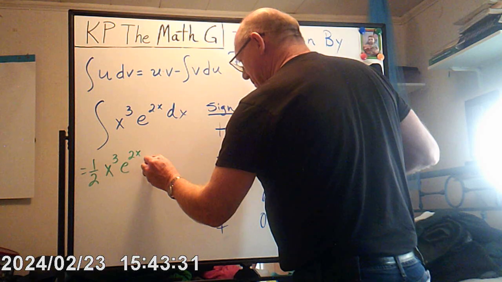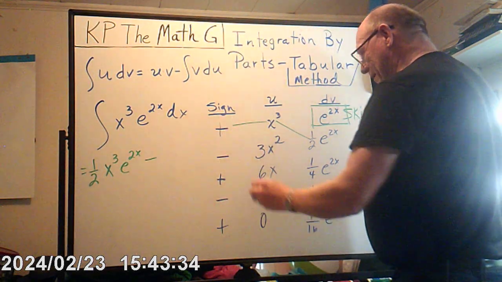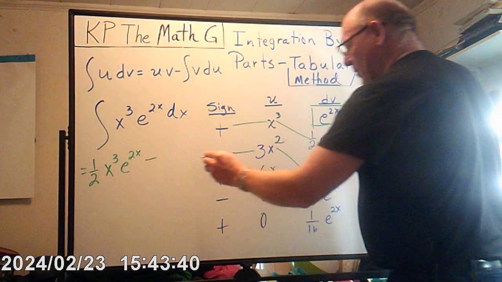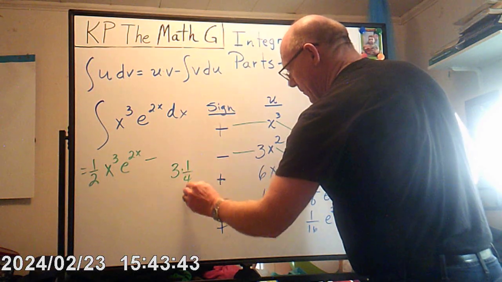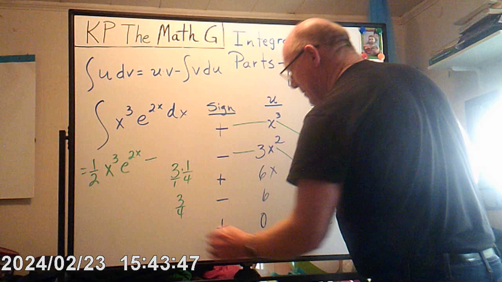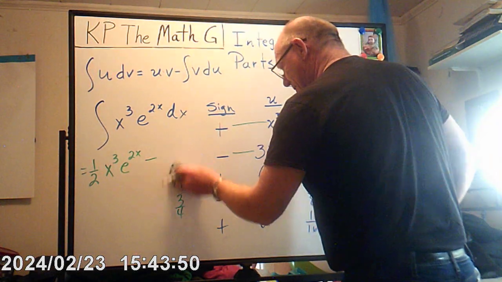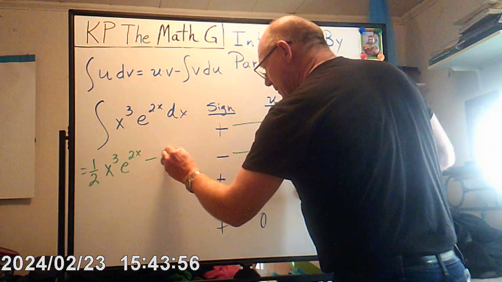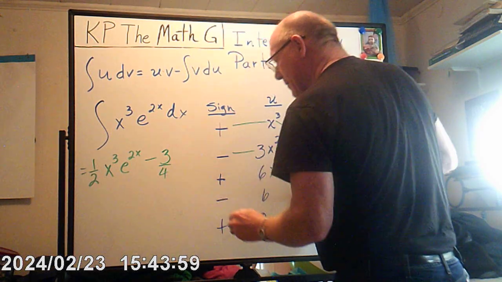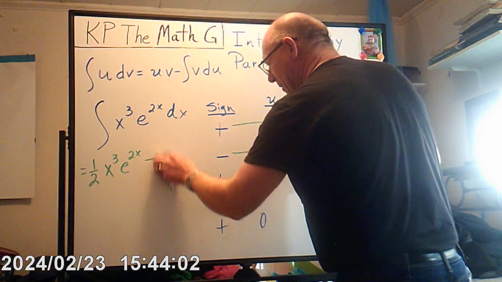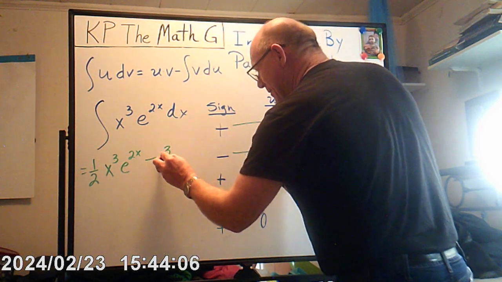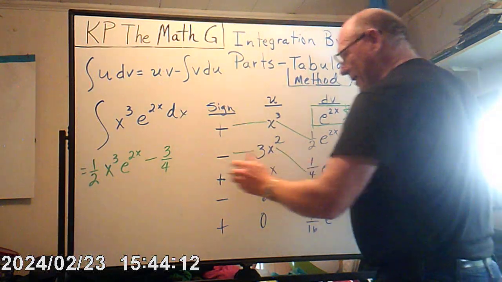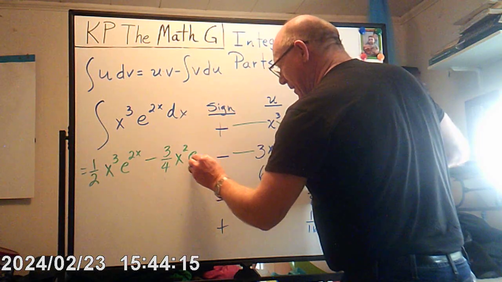Now the next term is minus. 3 times 1/4 is simply 3/4. So minus 3/4 x squared e to the 2x.